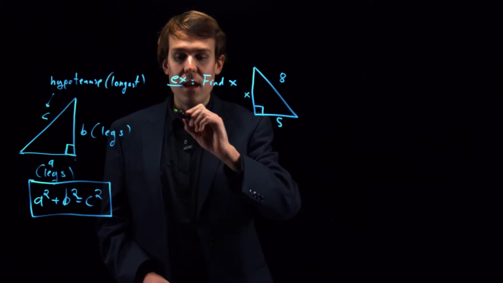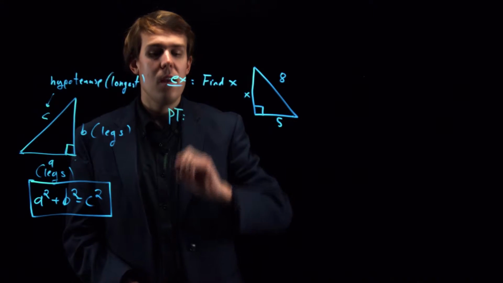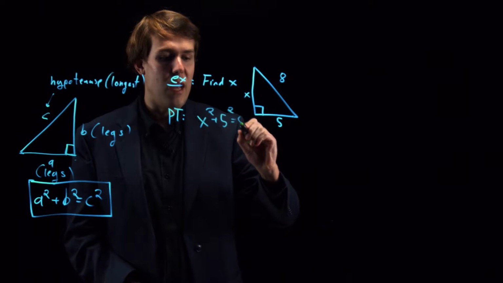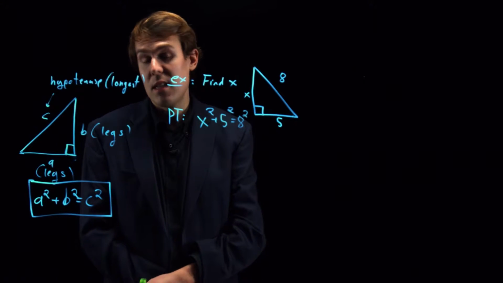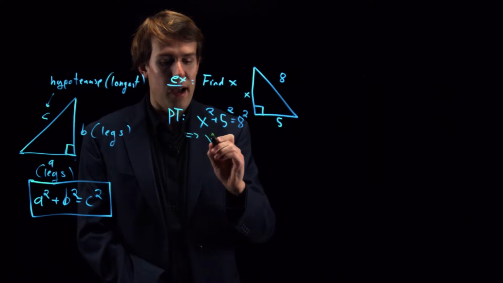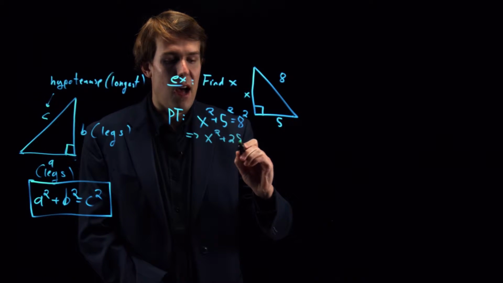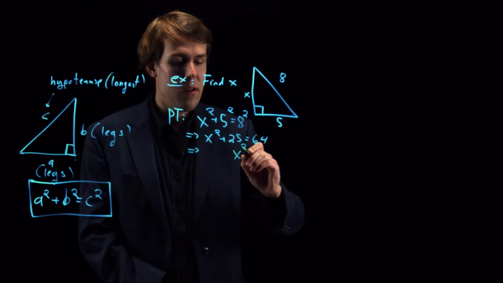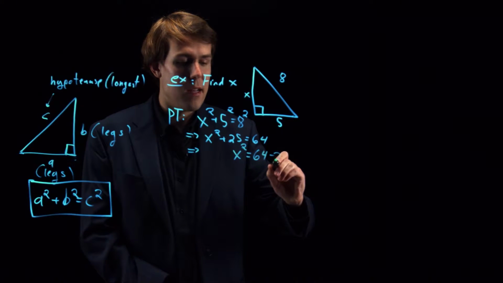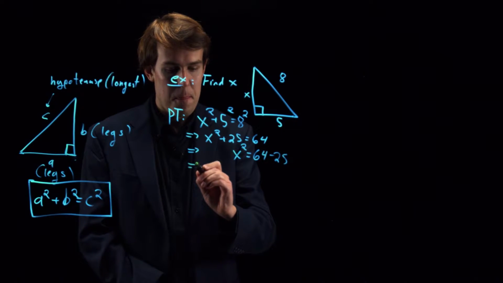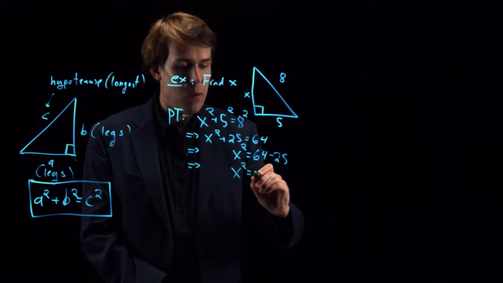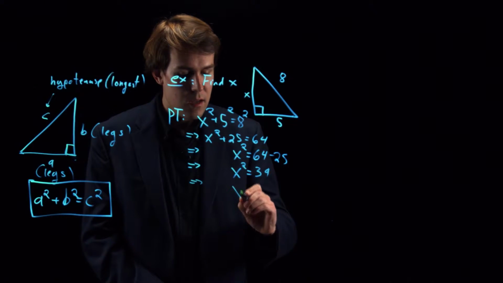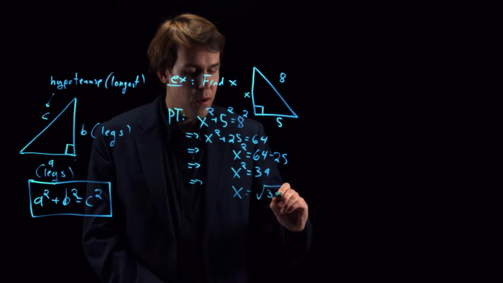If we use the Pythagorean theorem, which I'll say PT, this tells us that x squared plus 5 squared is equal to 8 squared. And now we just have to solve for x. So x squared plus 25 is equal to 64, which tells us that x squared is equal to 64 minus 25, so that x squared is equal to 39. And now we have to take the square root of both sides. So x is equal to the square root of 39.